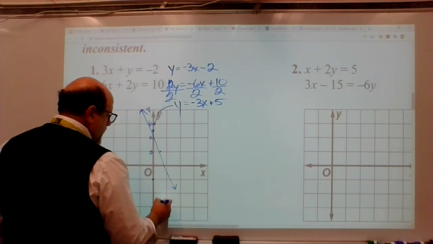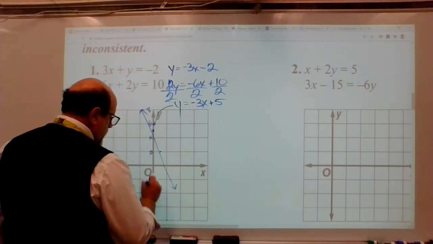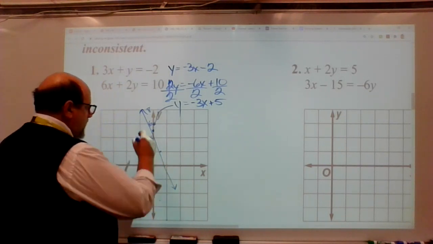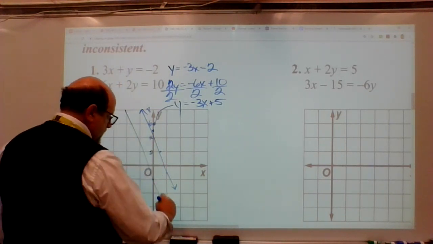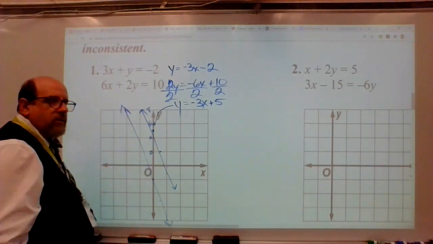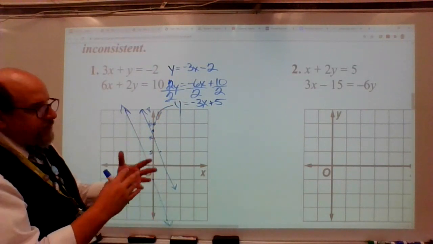And I go down 3 and over 1. And down 3 and over 1. Wait a minute, sir. These guys have the same slope, so they never meet. They're parallel lines, sir. They never touch. They have the same slope, right? They never meet. They're inconsistent.